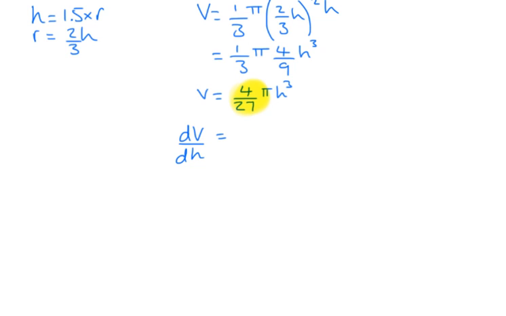So if we differentiate this, the 3 will go to the front, so that's going to be 12 over 27 pi h squared. Take 1 off the power, and 12 over 27 cancels down to 4/9. So we've got 4/9 pi h squared for dV by dh.